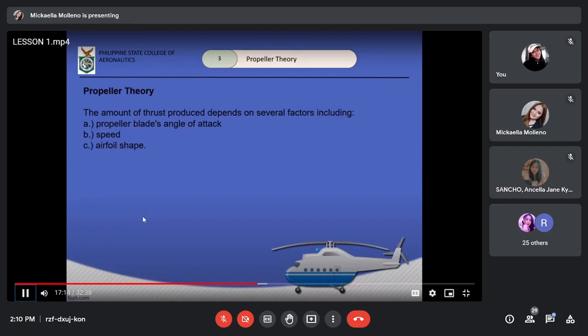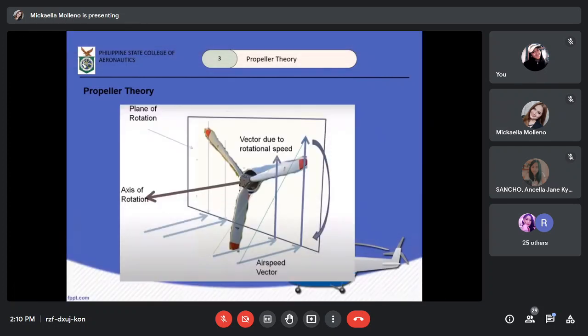So, para maintindihan natin lalo yung sinabi ko, here is a picture. Diba? I told you, mas maintindihan siya when it is represented in this view. Medyo naka-3D siya. So, as you can see there, yung ating plane of rotation, naka-annotate siya dyan, yung axis of rotation, and meron tayong mga vectors.